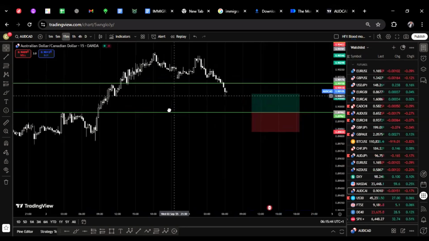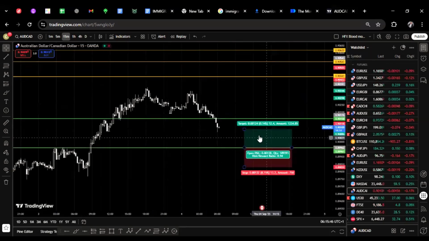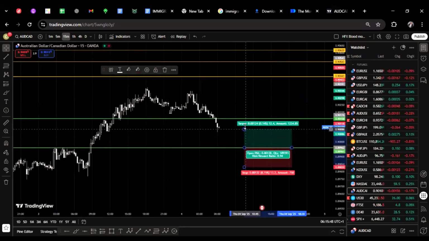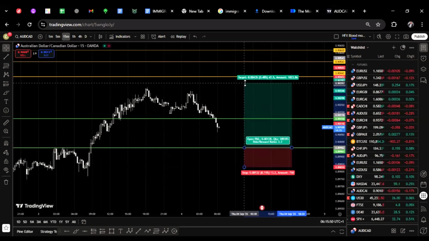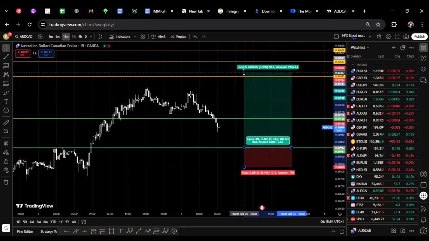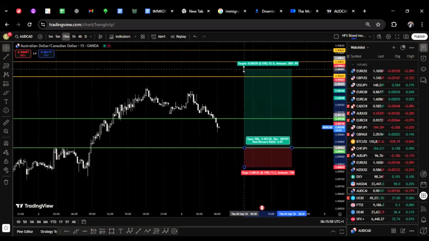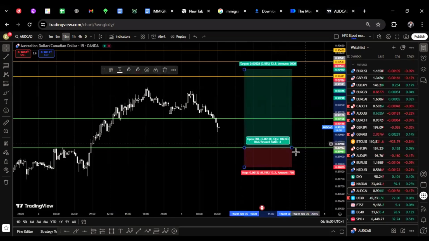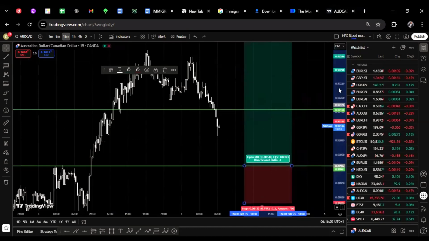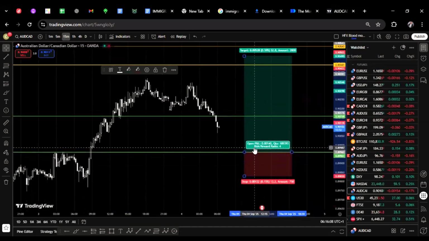And we want to target 4RR, right? When you say 4RR, are you saying risk to reward ratio 4, right?